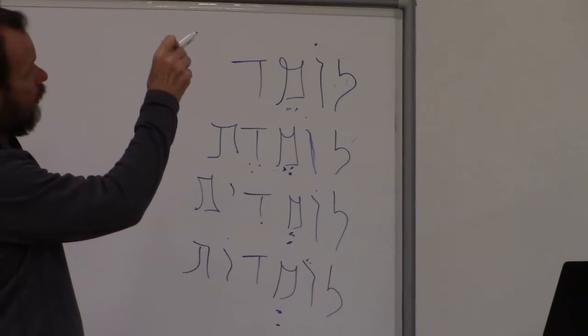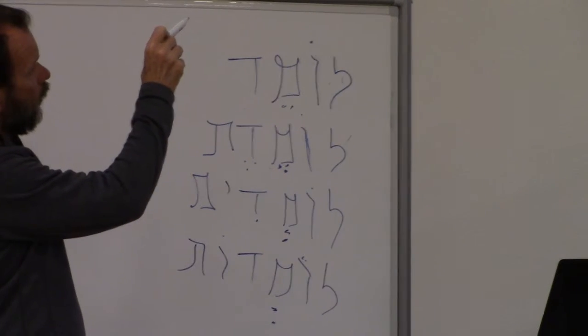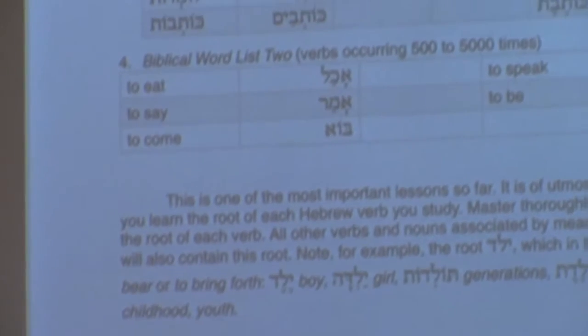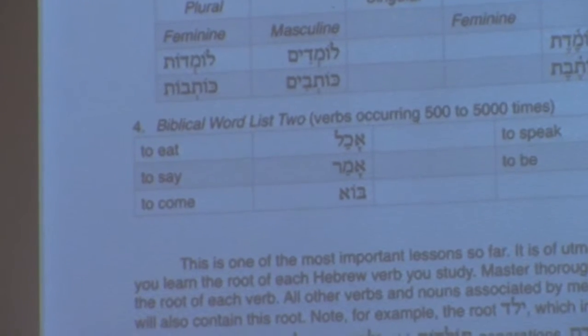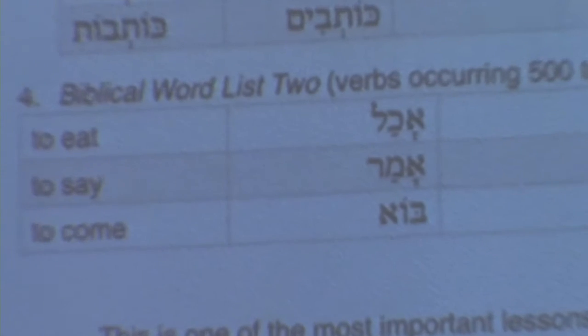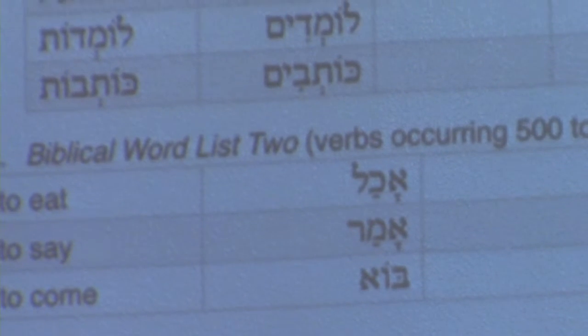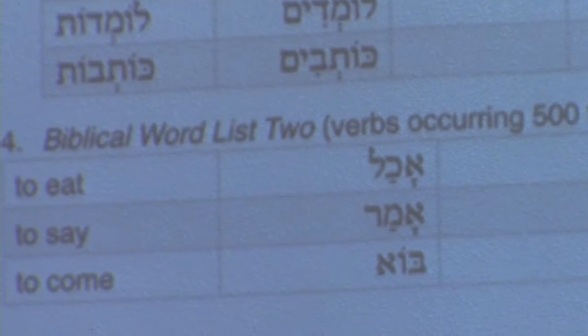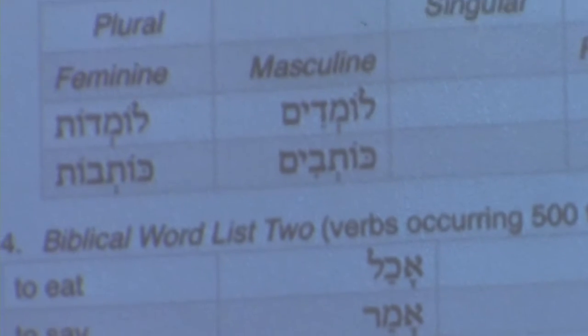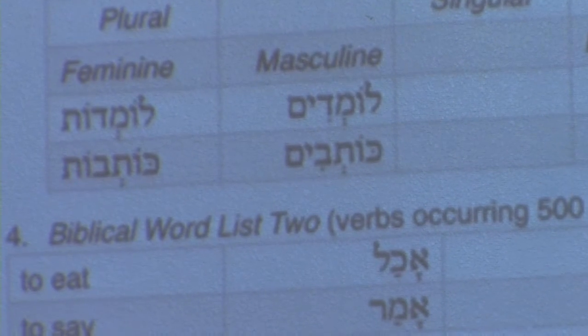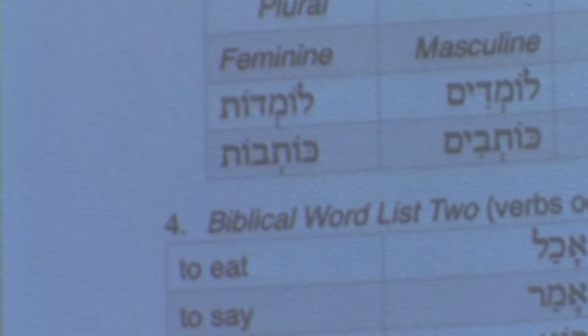Lomdim, kotvim. See that? The stop is just the schwa. So just rehearse it and you'll remember it in terms of putting your vowels in. Lomdim, kotvim. Lomdot, kotvot.